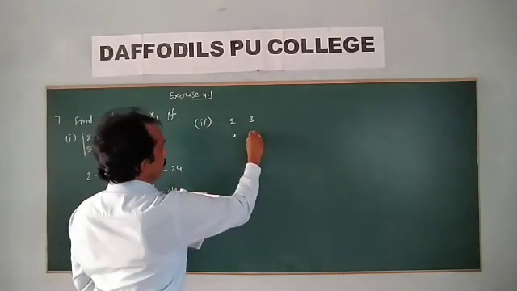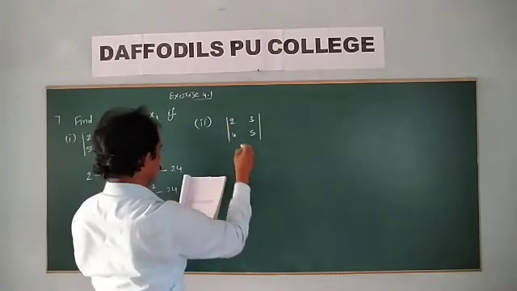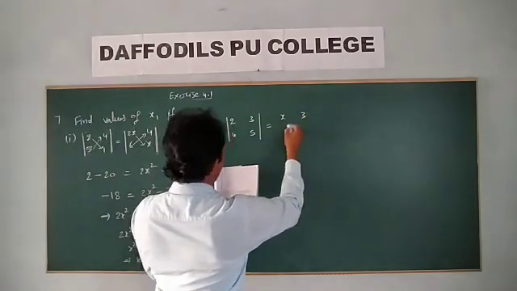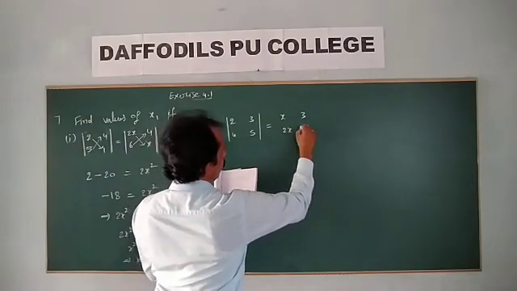The determinant 2, 3; 4, 5 is equal to the determinant x, 3; 2x, 5.